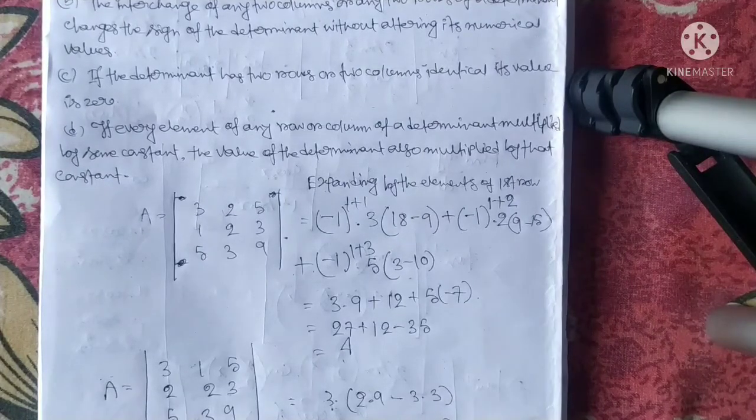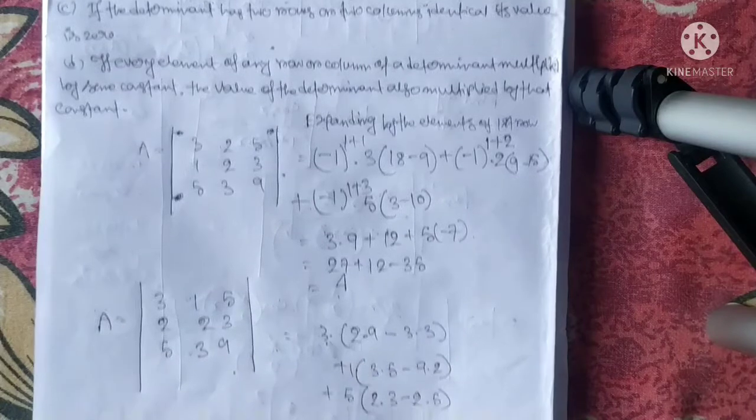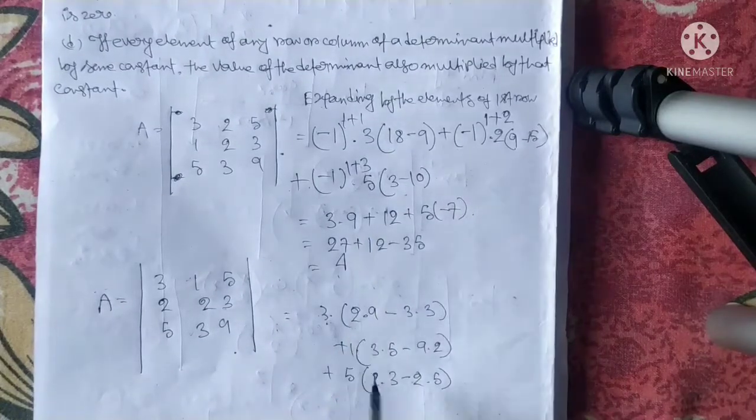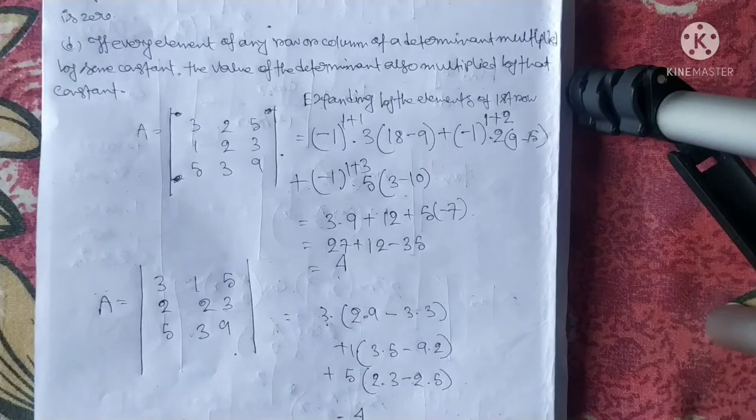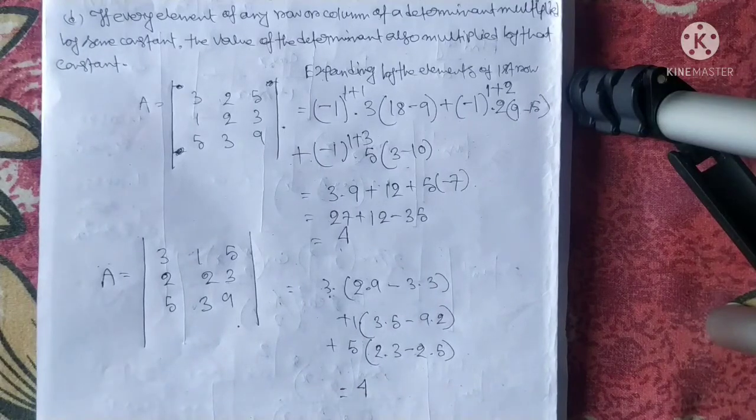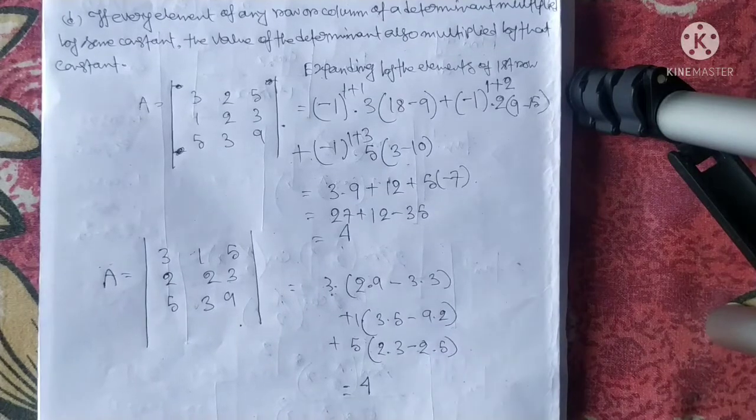You can evaluate this in the same method. So after calculating it, you will find that this will also become 4. So eventually these two values become the same. So the first property is verified: the value of a determinant remains unaltered by changing its rows into columns and its columns into rows.